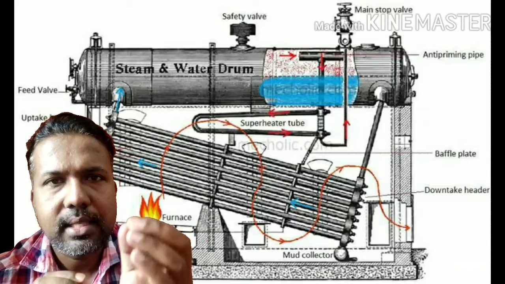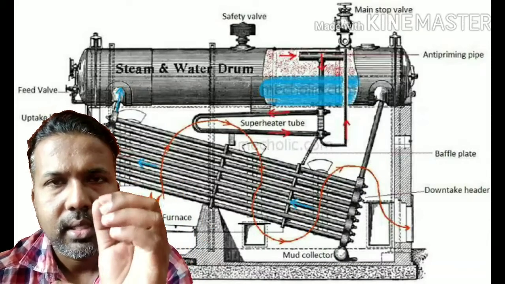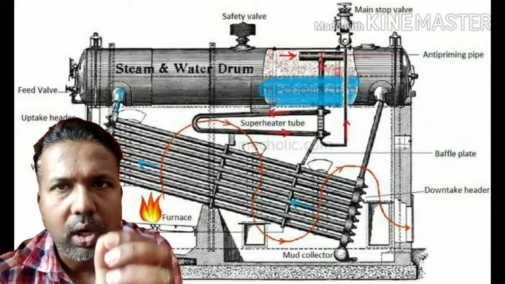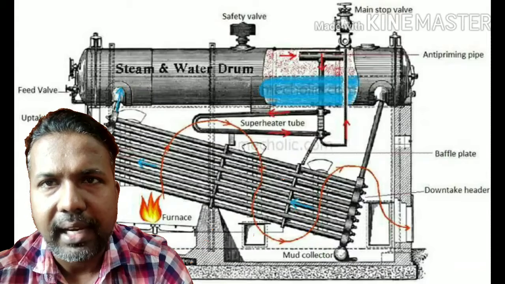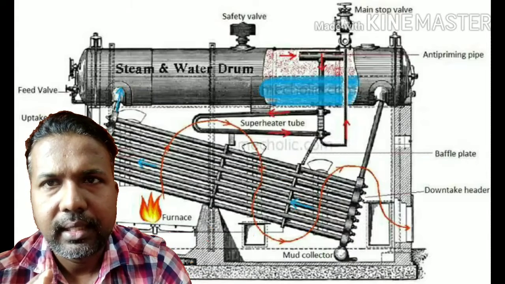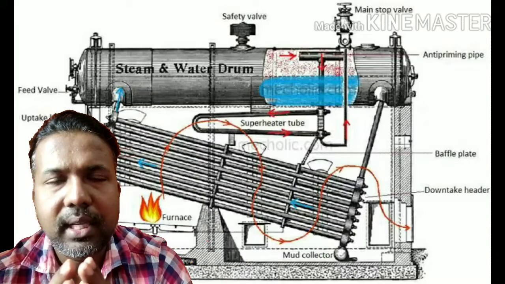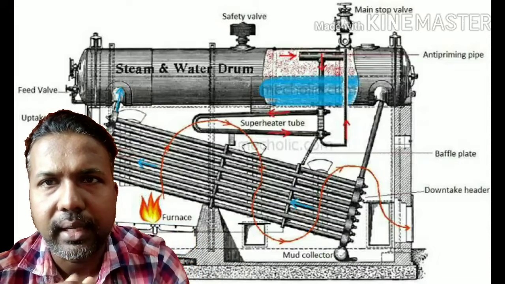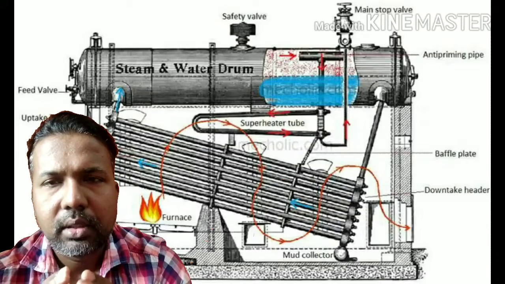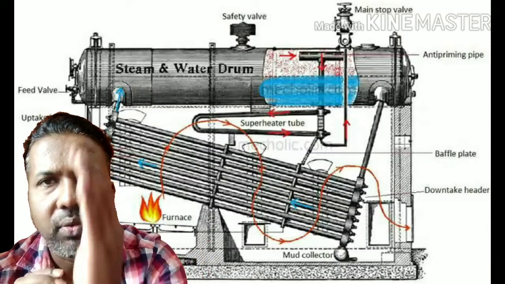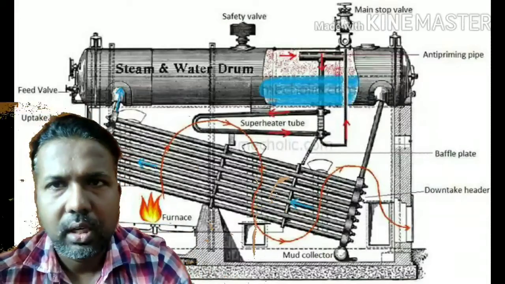So only the steam is allowed into the superheater. The superheater receives the moisture-free steam from the anti-priming pipe, then increases the temperature of the steam to a desired level, so that we get only superheated steam. Then from the steam stop valve, this superheated steam is provided towards the turbine.